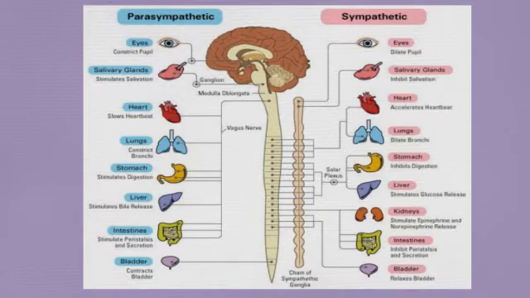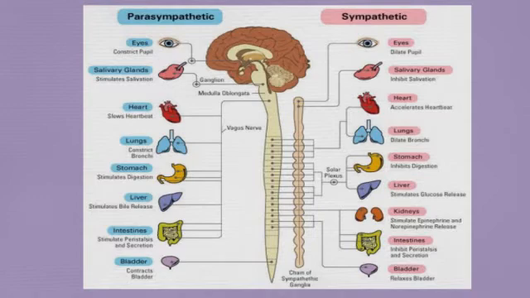These four centers we call the higher centers. You can see in this figure that the brain and spinal cord are shown, and from these higher centers the nerve fibers move through the parasympathetic system and the sympathetic system as shown.